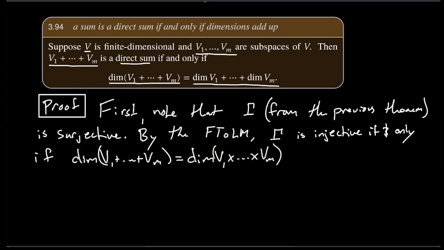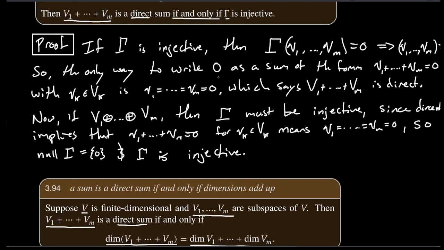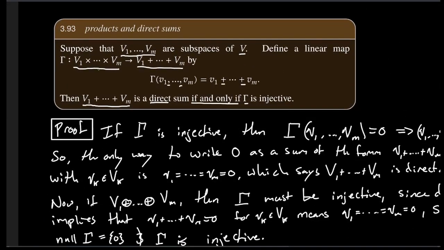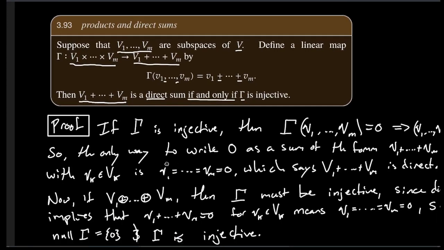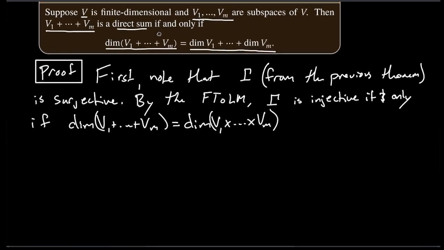Okay, cool. Why is this? Well, gamma, think about it. Gamma sends this product to this sum. Okay, let's spell it out.